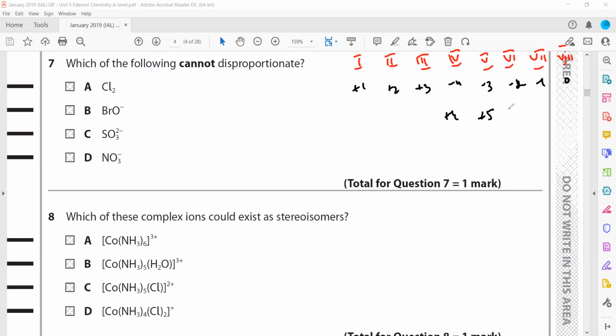This can have from -3 to +5, -2 to +6, -1 to +7, and then 0. So even if it is having either one extreme, like very low oxidation or very high oxidation. If it is having a very high oxidation, it can only be reduced but not oxidized. If it is having a very low oxidation, it can be oxidized, but it cannot be further reduced. So we have to check which one is present at its extreme. The one which is present at its extreme cannot be changed.